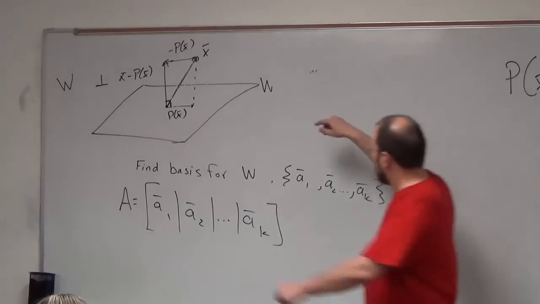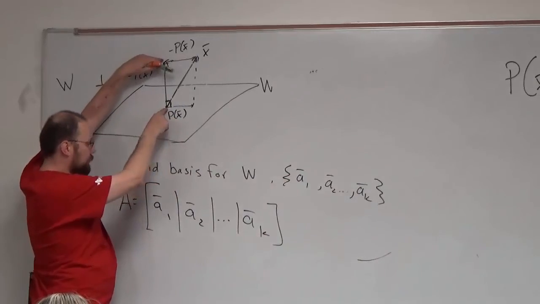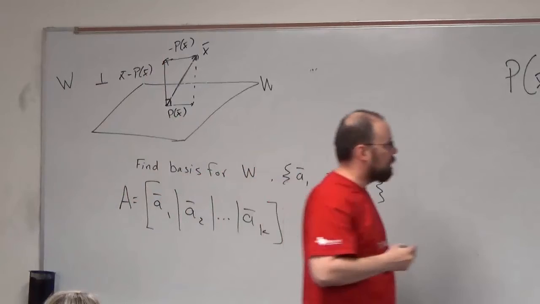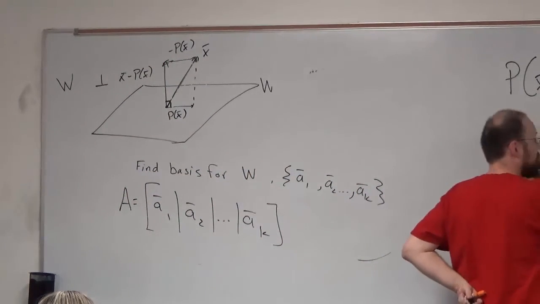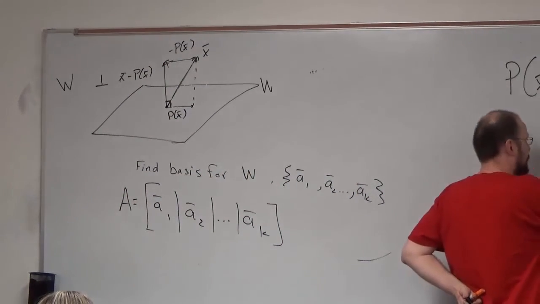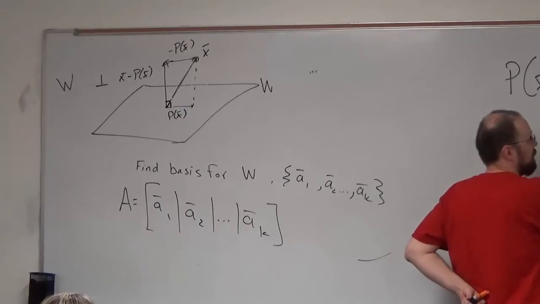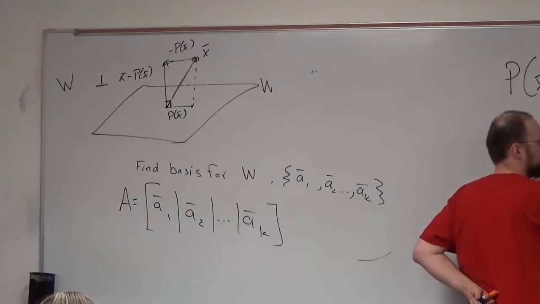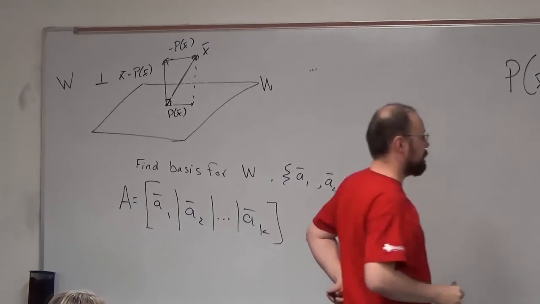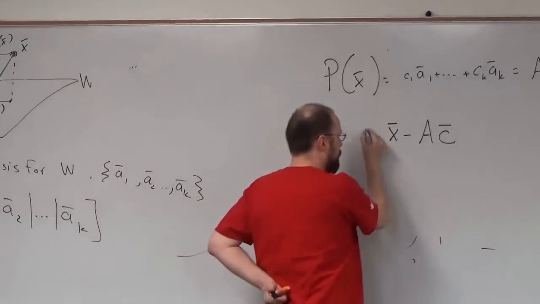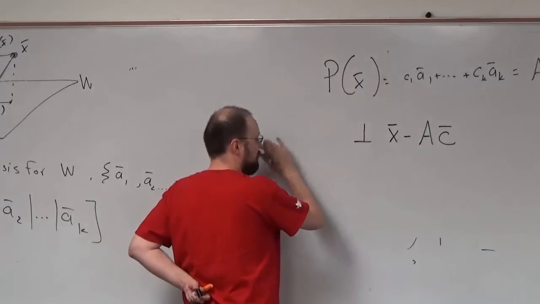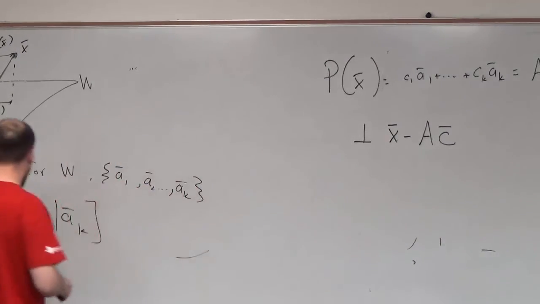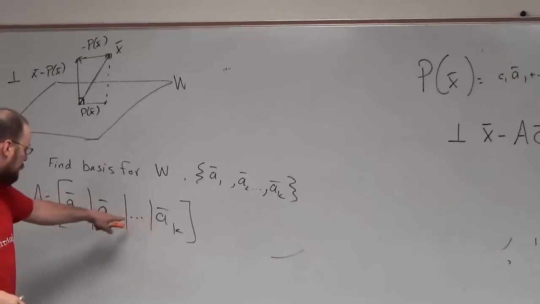Well, if this is orthogonal to W, then it must be orthogonal to all the basis elements of W. So we want x minus the projection, which is some combination of the basis elements for W, to be orthogonal to W. That's the same thing as being orthogonal to all these guys, right? Because this is the basis for W.